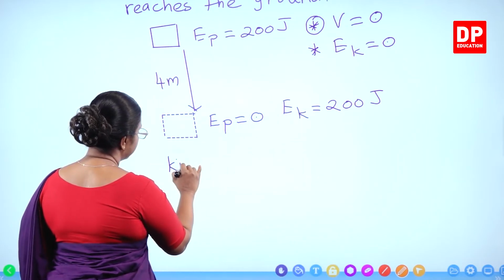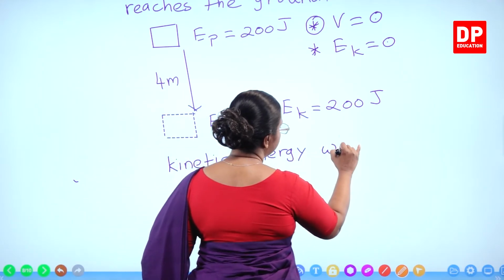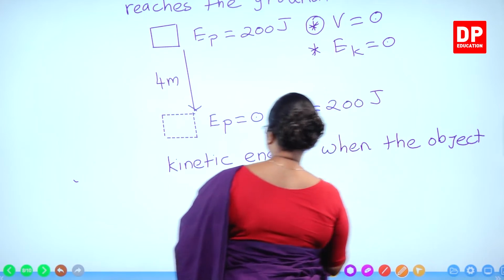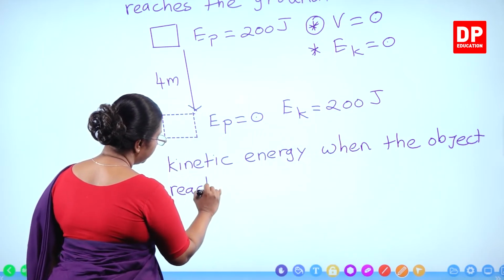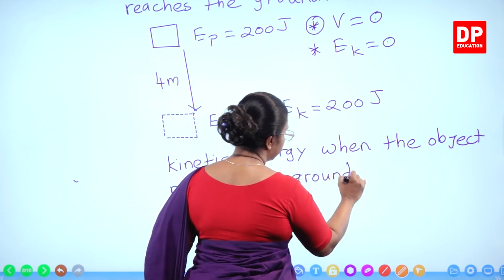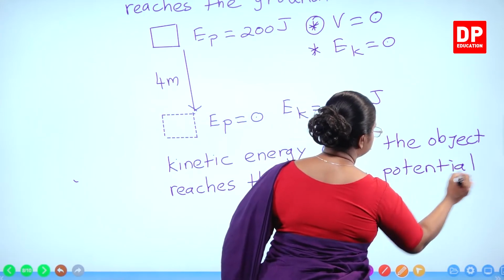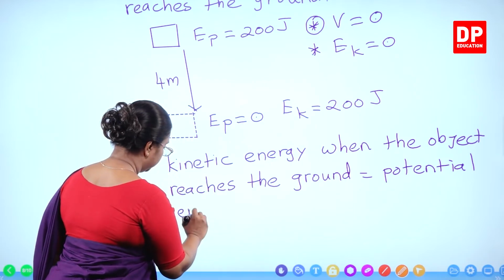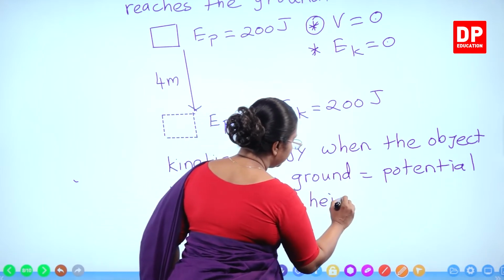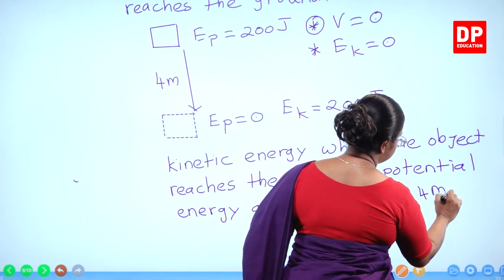So kinetic energy when the object reaches the ground equals potential energy at a height of, the height is 4 meters.